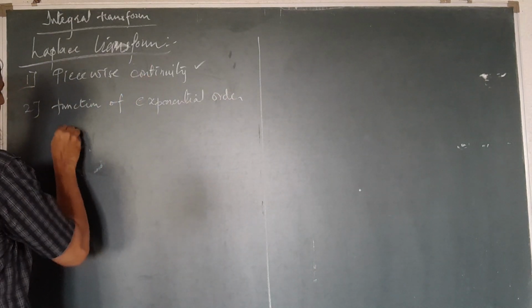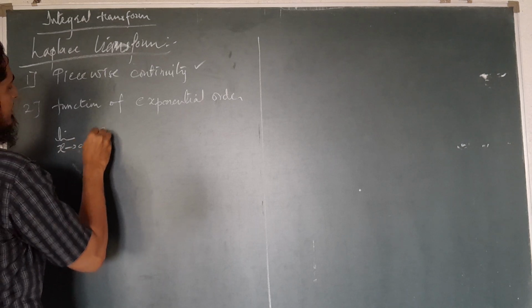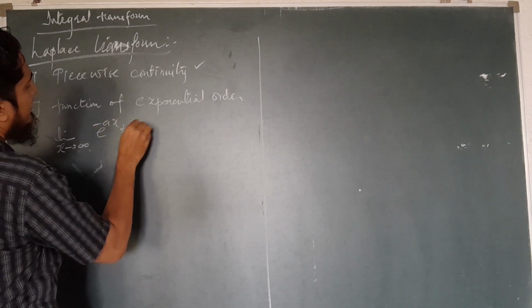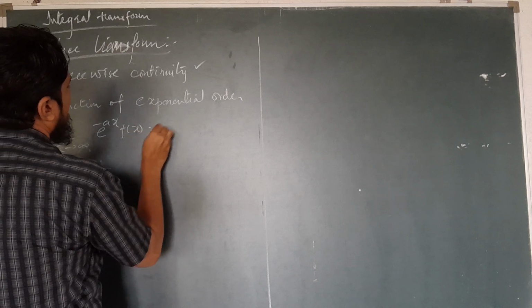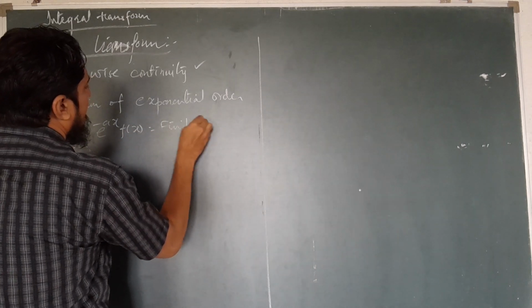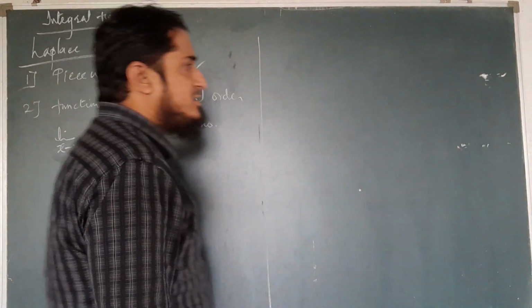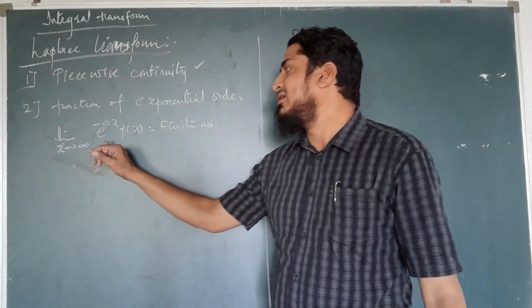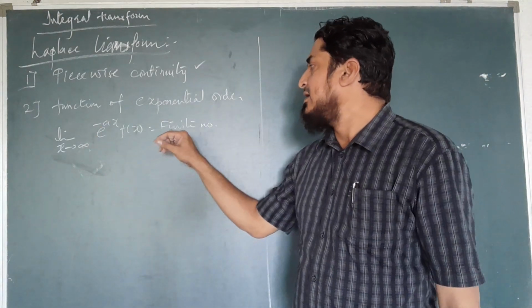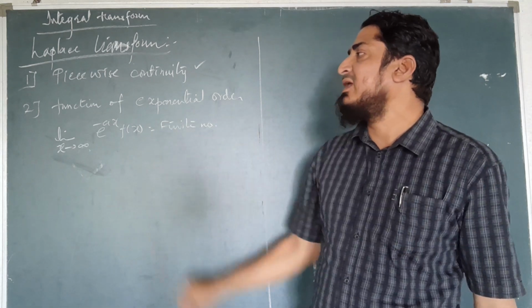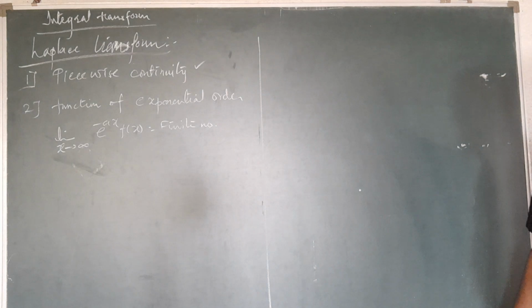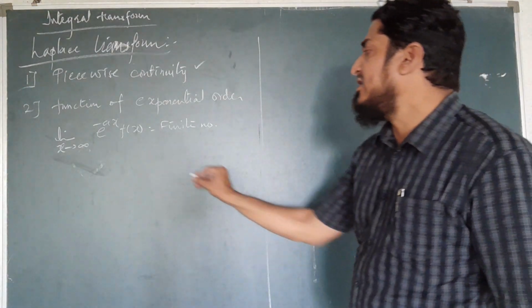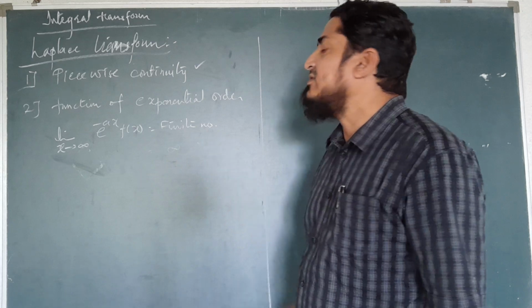Let f of x be any real valued function, and if the limit as x tends to infinity of e raised to ax into f of x is a finite number, then we say the function is of exponential order. And if it is infinity, then it is not a function of exponential order. We have learned these two important definitions in the previous lecture.